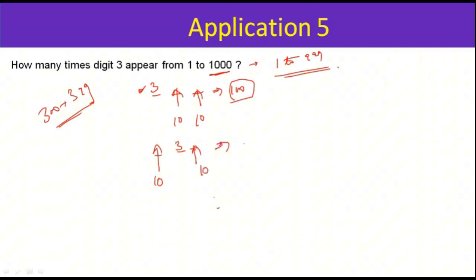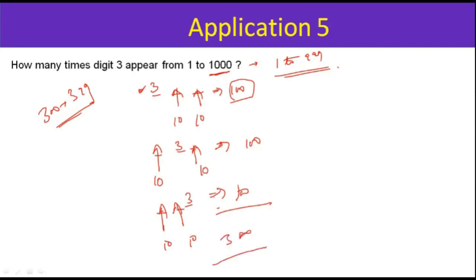So in total, I have 100 cases again when 3 is in the 10s position. Similarly, the last case is when 3 is in the unit position: 100 numbers. I have 10 possibilities here and 10 possibilities here. This number could be anything from a single-digit number to a 3-digit number. So in total, 3 could come in the first digit or second digit or third digit. In total, I have 300 cases.